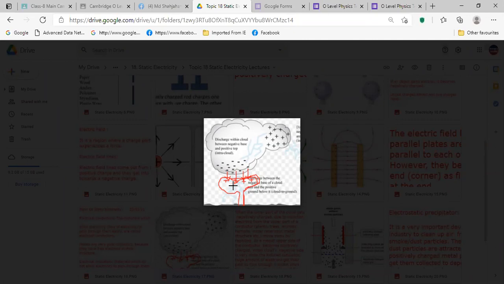But when these clouds come closer to this plant, these electrons are repelling the electrons available in the plants, right? So this part becomes positively charged, right?